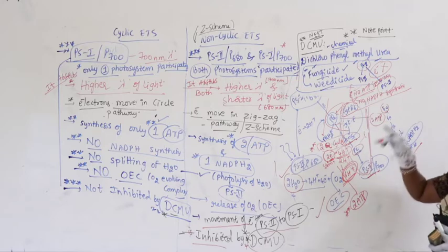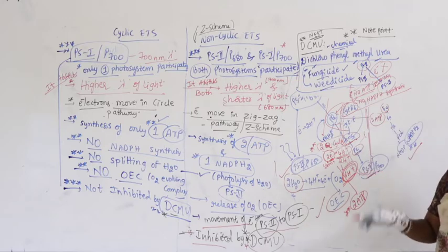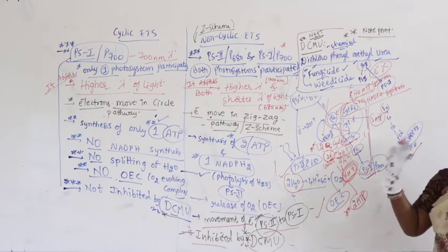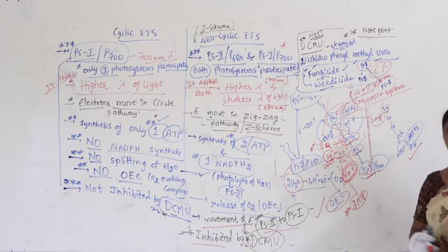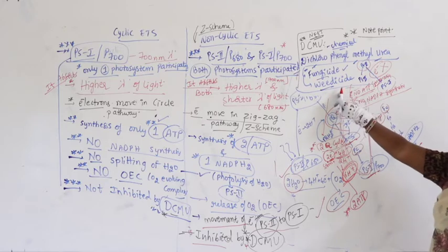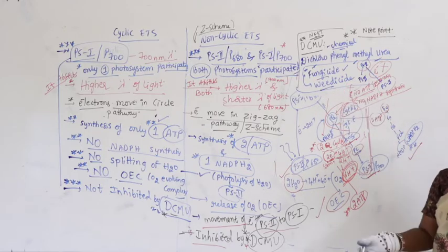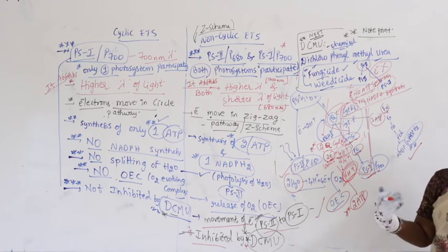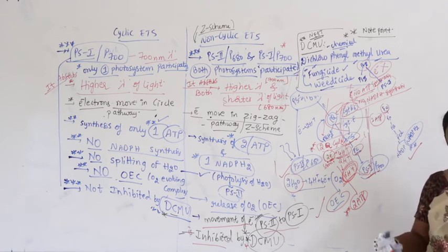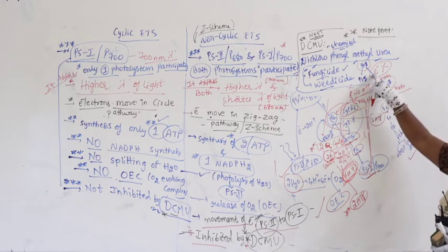So, in the non-cyclic electron transport system, it was observed that just by external spray of DCMU, which once upon a time was the most commonly used fungicide and weedicide, farmers, poor farmers, would spray it just to kill the fungi or to remove the weeds beside the plants. But what is happening here? The spray of DCMU inhibits the movement of electrons.